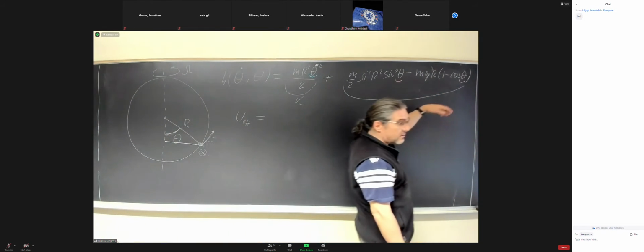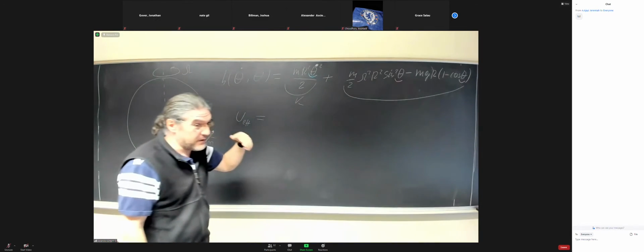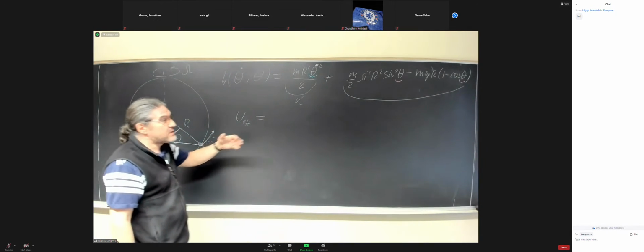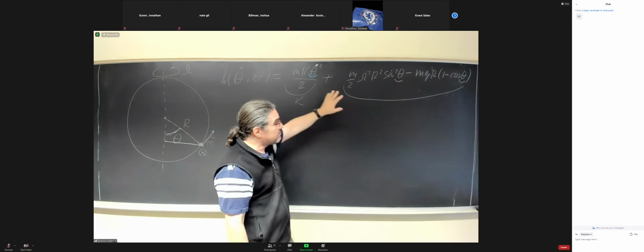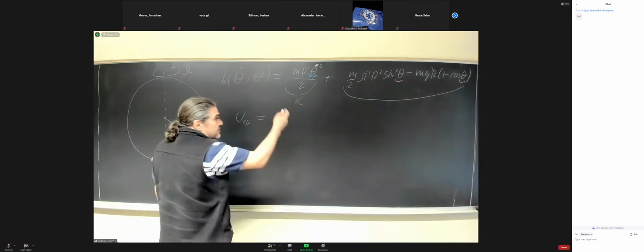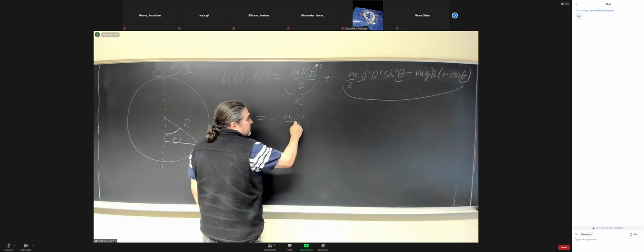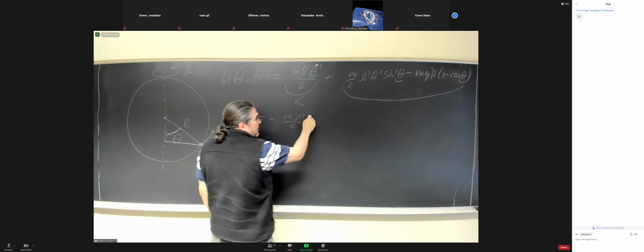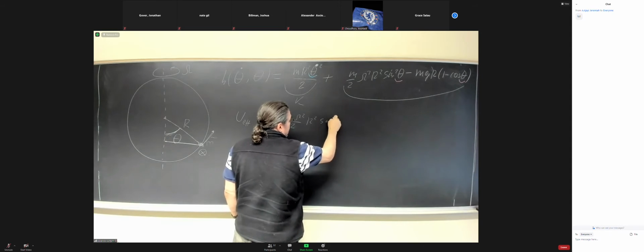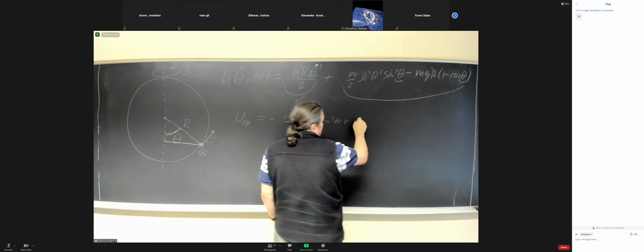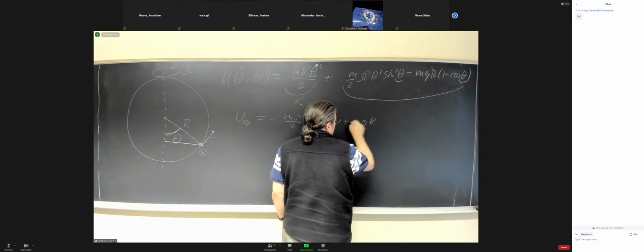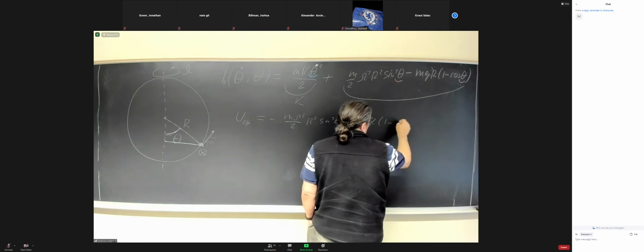But I say that if I consider a different problem with kinetic energy given by this term and potential energy is just this one, it's minus m omega squared divided by 2 times r squared sine squared theta plus mgr times (1 minus cosine theta).